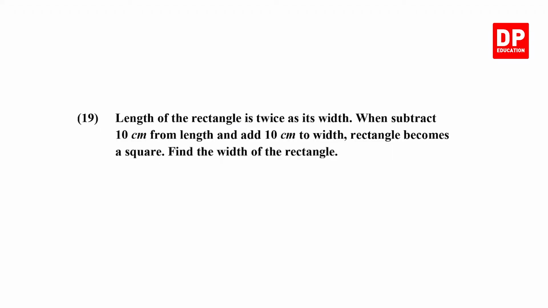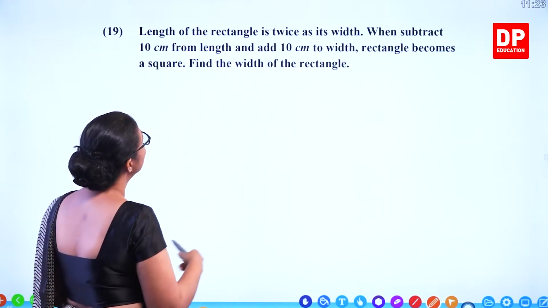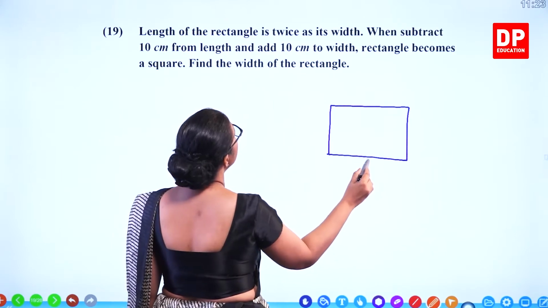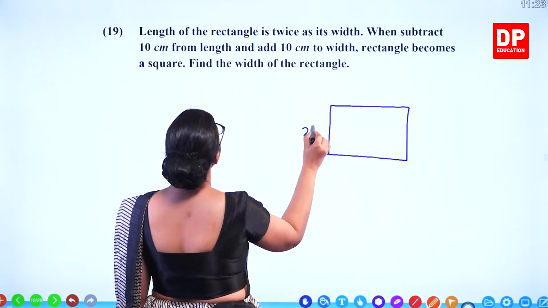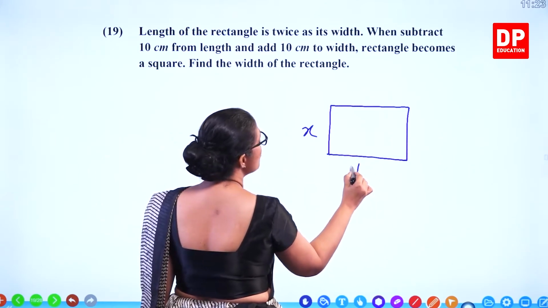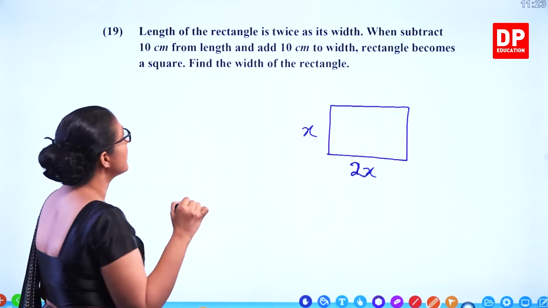Question number 19. The length of the rectangle is twice its width. So when you take the rectangle, the length is twice. If x is the width, the length is twice, 2x. So 2x is the length.